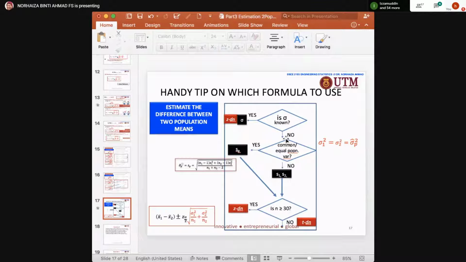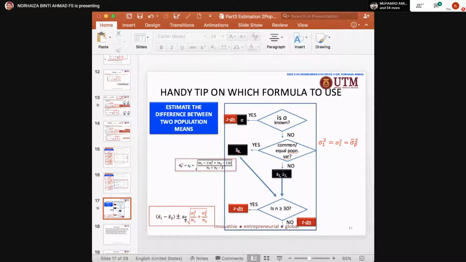So now if you do not know the values, you need to go to another level of checking whether they have a common population variance or not. If they do, then you use a pooled standard deviation or pooled variance. If they don't have a common or equal population variance, then you use the values of the estimates separately.